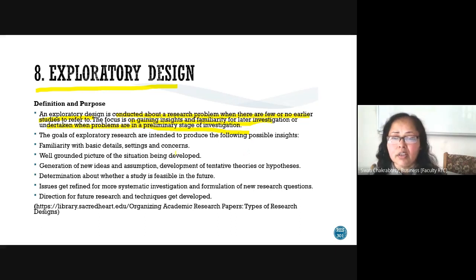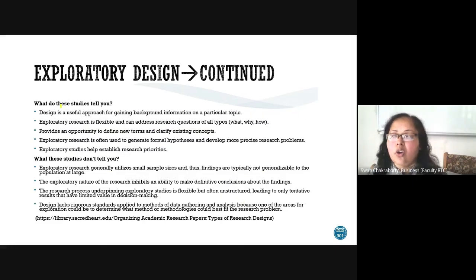So the goals of this type of research are to have familiarity with the basic details, settings, and concerns, have a picture of the situation being developed, to generate new ideas, assumptions, development of tentative theories or hypotheses, and determine whether a study is feasible in the future. Issues get refined for more systematic investigation and formulation of new research questions, and direction for future research and techniques can get developed.